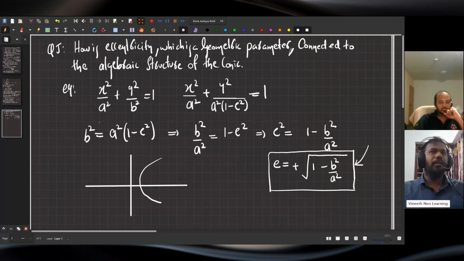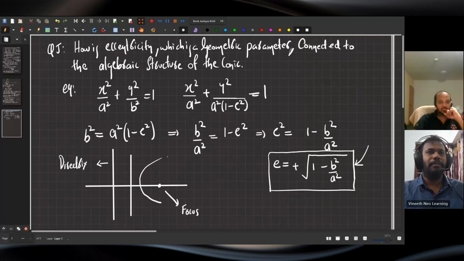For every conic, there is a line and a point. That line is called the directrix, and that point is called the focus.